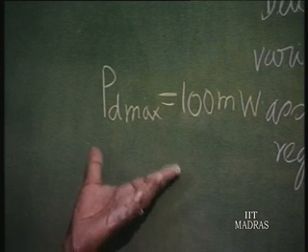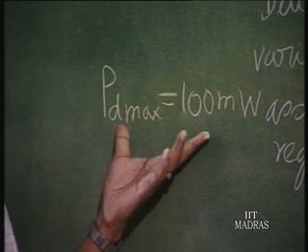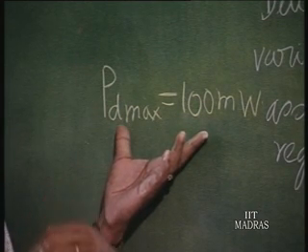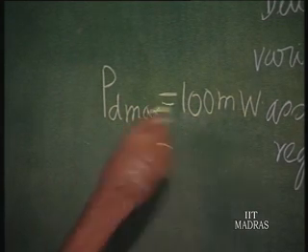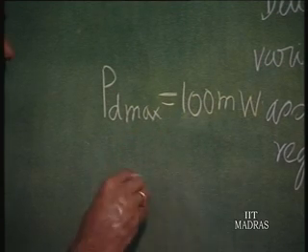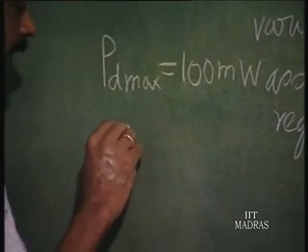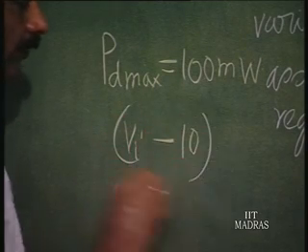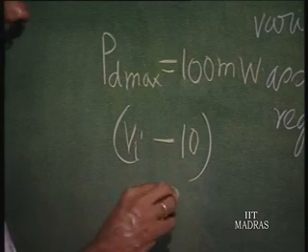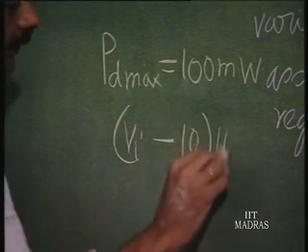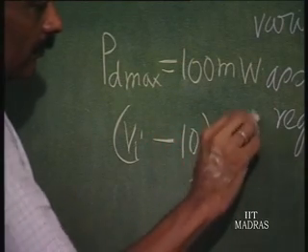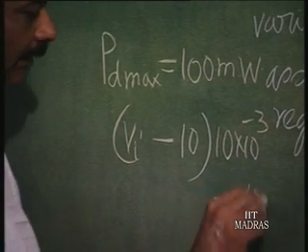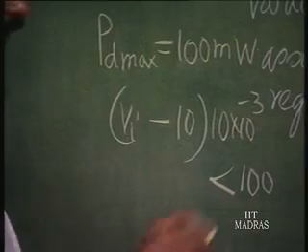You have to find out really what the actual power limitation of the transistor that you are using is. Suppose it is 100 milliwatts, then we have VCE, that is V I minus 10 volts, into 10 milliamperes. This should be less than 100 milliwatts.